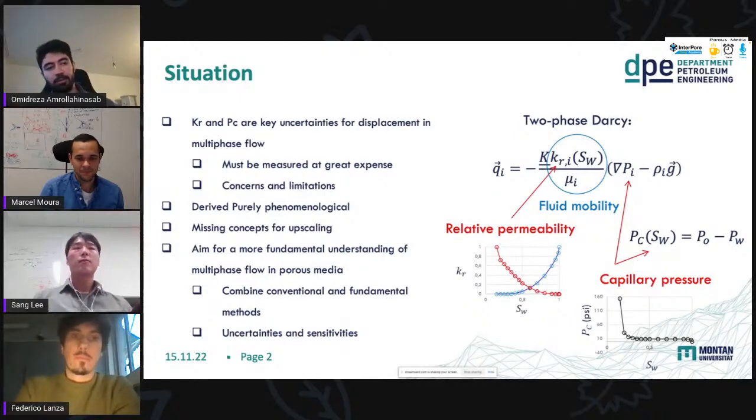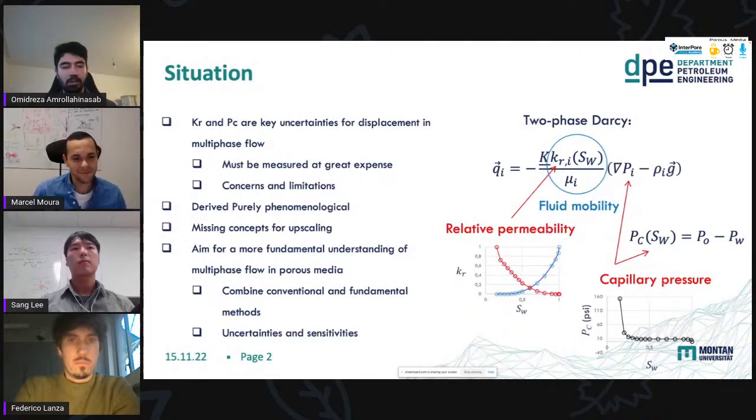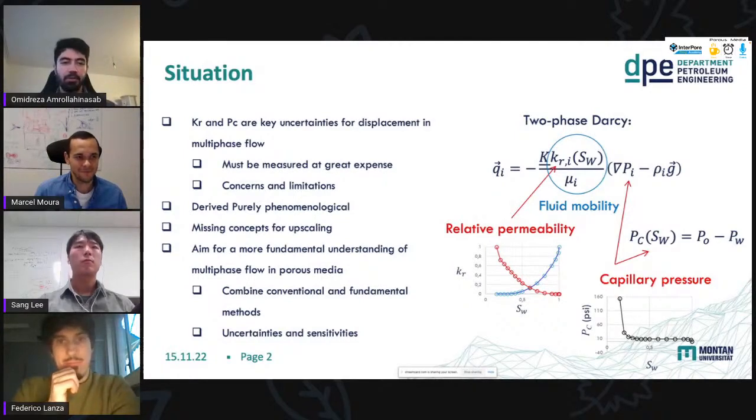Usually you don't have this number of samples, so you lack statistical variations for your results and calculations, which is needed right now for modern simulation approaches, which have a stochastic approach and need a stochastic input. Also, these functions are usually derived phenomenologically, which means there are gaps in the fundamental understanding.